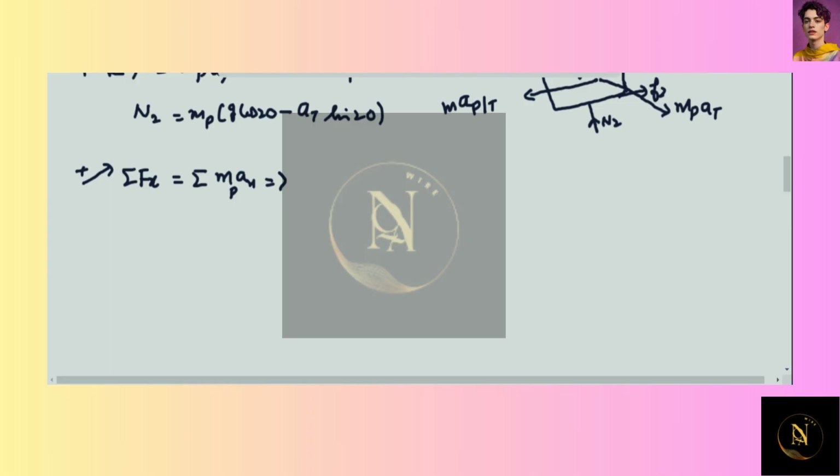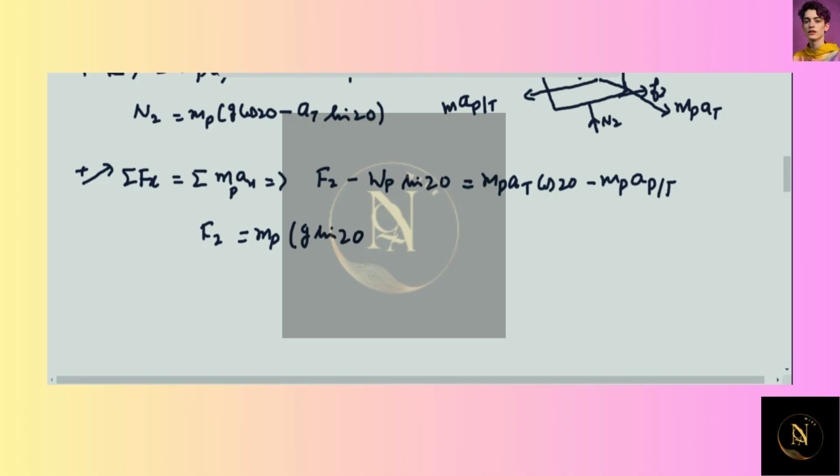We can write F2 minus weight of ply sine 20 equals mass of ply into acceleration of truck cos 20 minus mass of ply into acceleration of ply with respect to truck. So from here F2 you will get mp into g sine 20 plus acceleration of truck cos 20 minus APT.